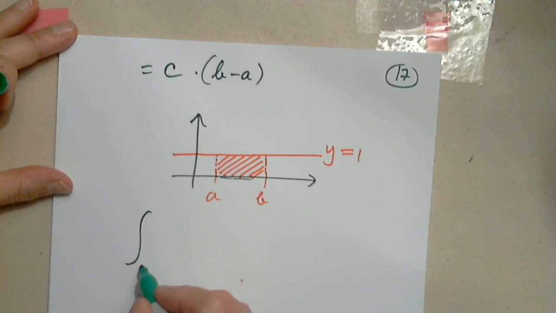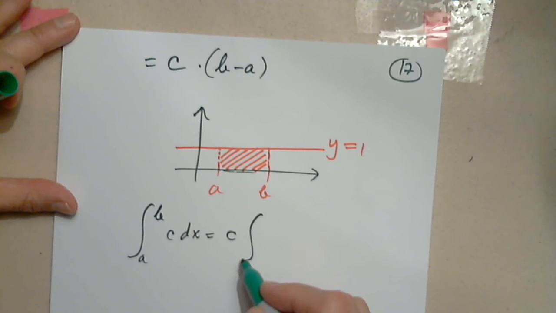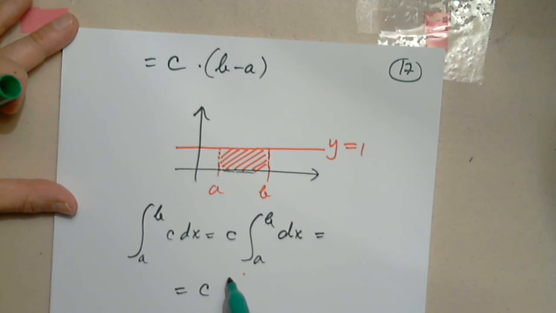So we want to determine integral from a to b from a constant dx. And we know that the constant goes in front, integral from a to b dx. And so this is C times the antiderivative of 1, whose derivative is 1, and I have to evaluate it from a to b.